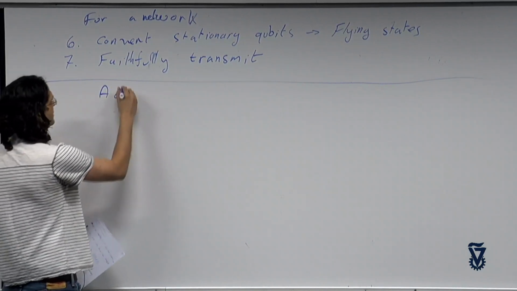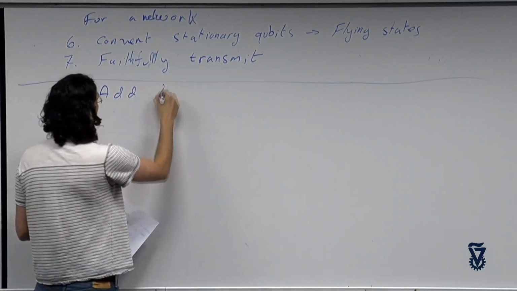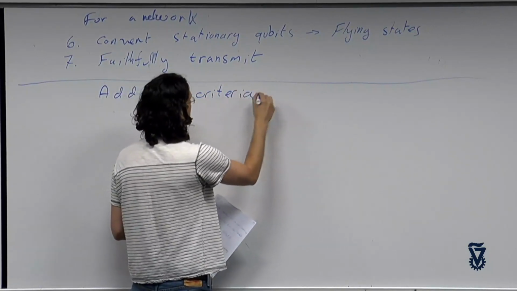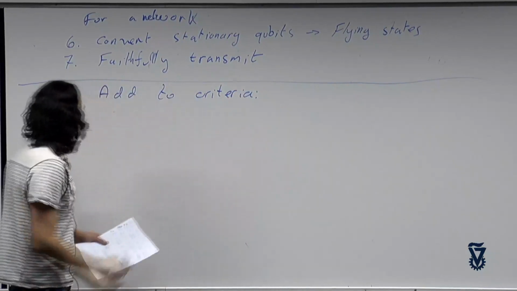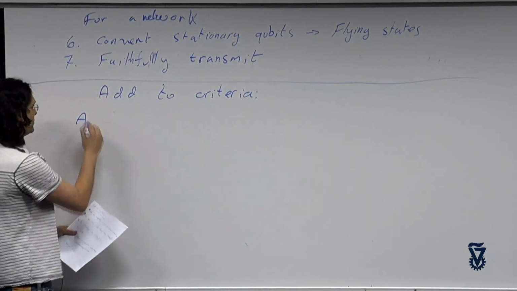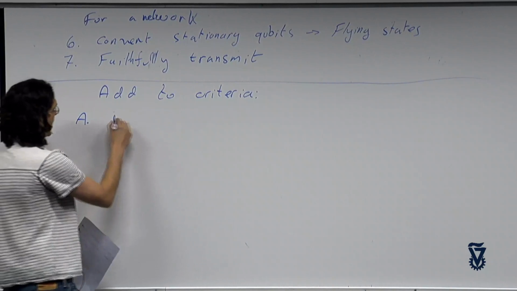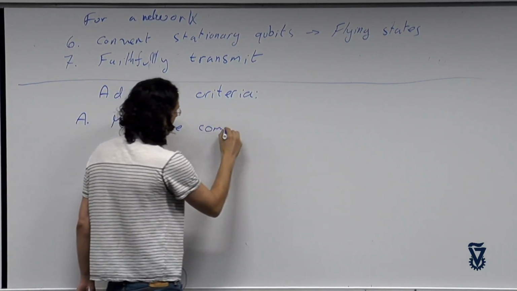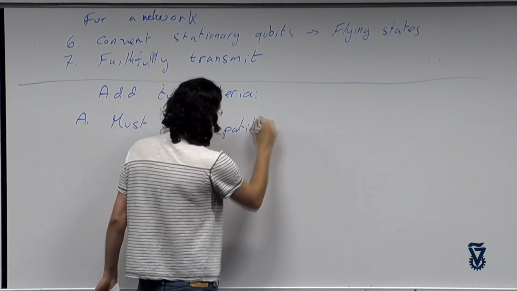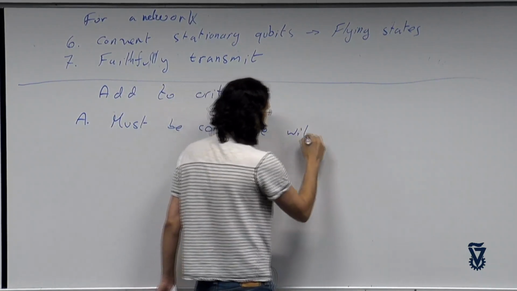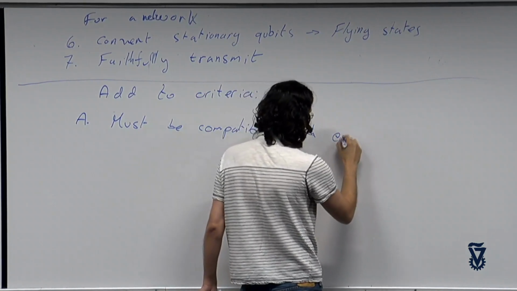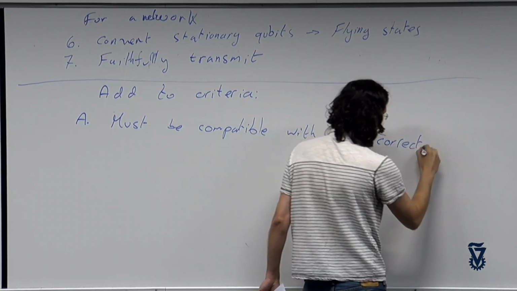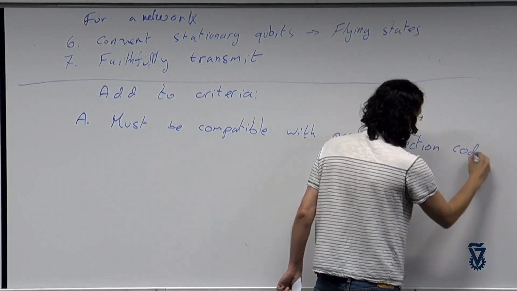I would like to add two criteria, A and B. So A, it must be compatible with error correction code.